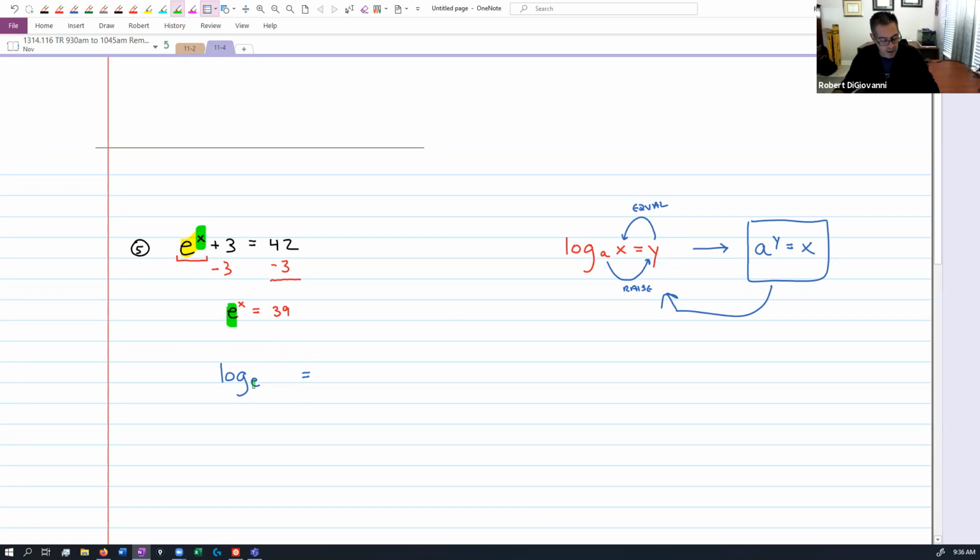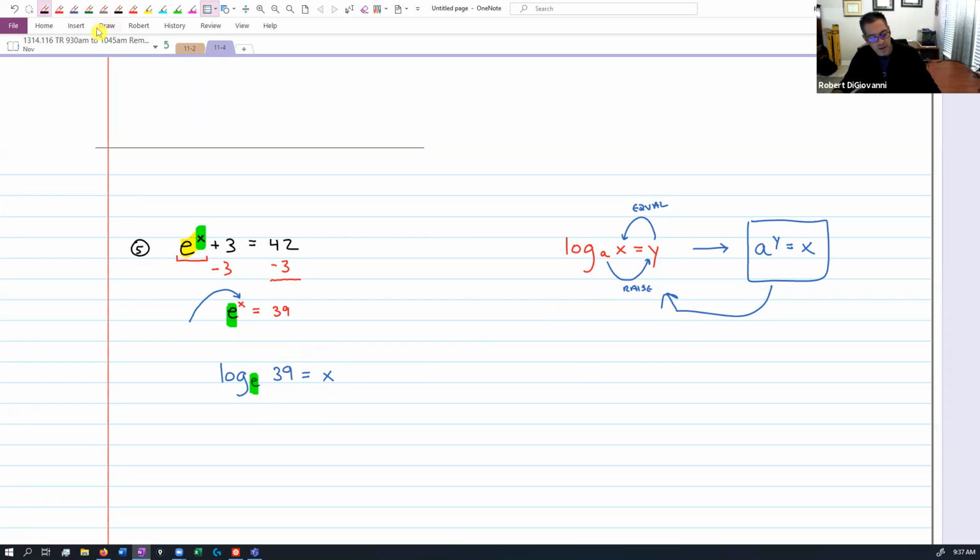The e is the base, right? What power is it being raised to? X, right? E is being raised to x. I will put x over here then. Think about the loop. When I do e raised to that power, I need it to be equal to this number that's in here. This is where the 39 is going to go.